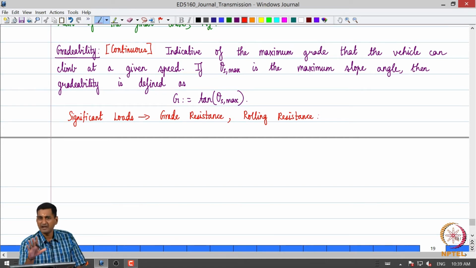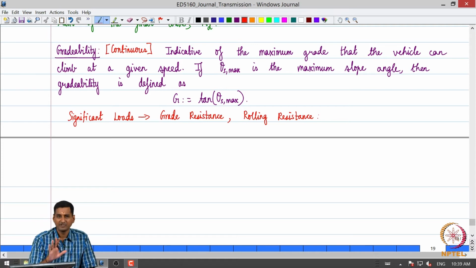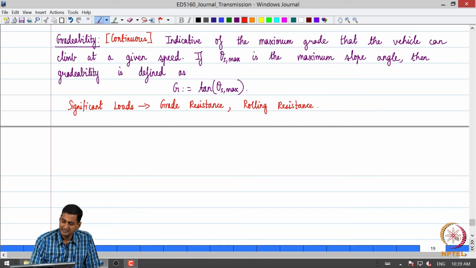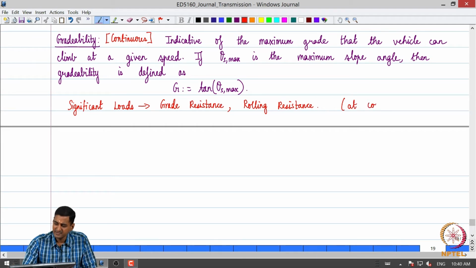It is a matter of choice. As a first cut analysis in this exercise, we are not going to include it, and we will also neglect draw bar pull. We are assuming that the vehicle is not towing any other entity. So those are the assumptions. So the significant loads that the powertrain should overcome during climbing a grade at a constant speed are these. So this is at a constant speed.